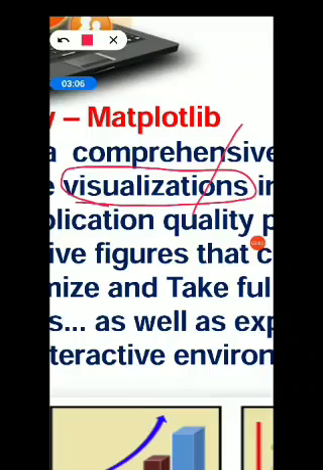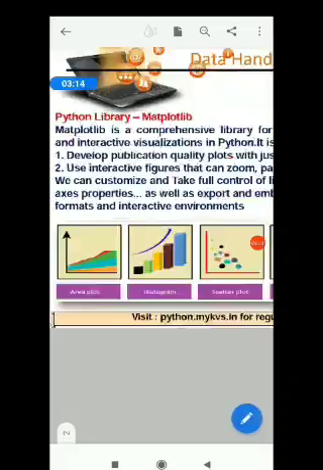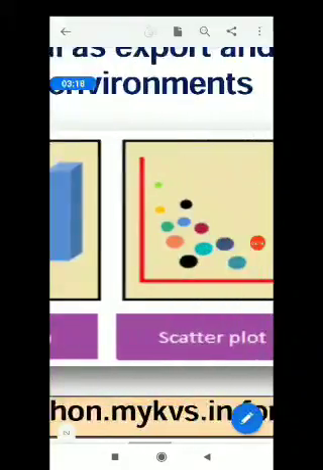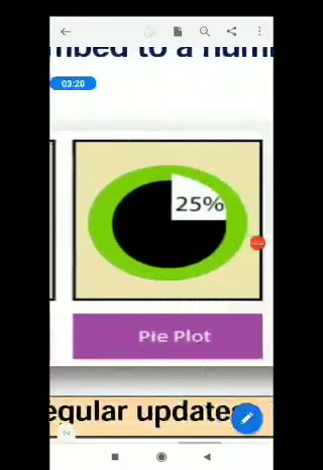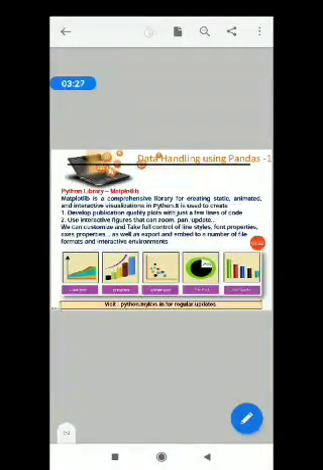Which type of graph you will produce in this visualization package? Some of them are area plot, histogram, scatter plot, pie plot, etc. These are in your syllabus. I'll show you in the data visualization chapter, but ensure first that the matplotlib library is installed in your editors.